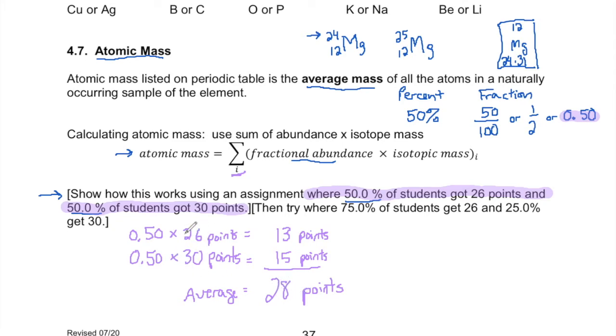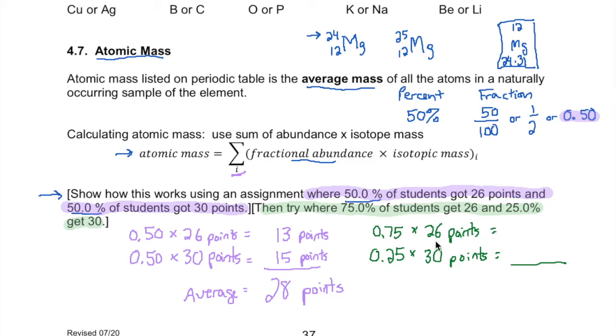Some students get confused and think, well, you just averaged 26 and 30, and that's not really true. So I wanted to pick something where it wasn't half and half. You can probably tell that if 75% of students got 26 and only 25% got 30, then that's going to lower the average. We have more students with the lower score, so the average should be lower than 28 in this case.